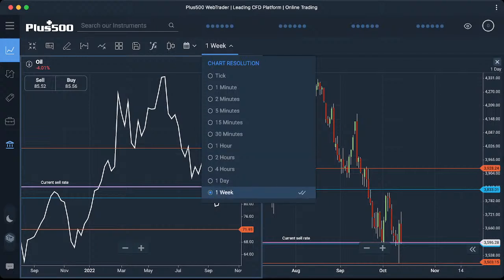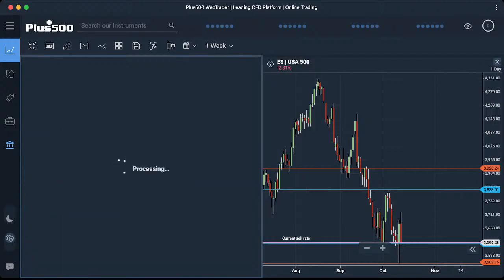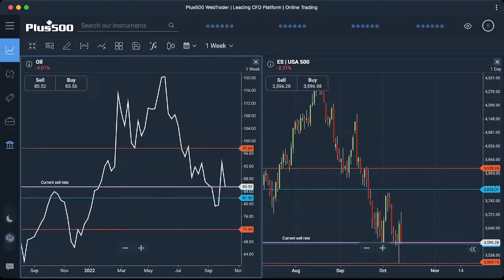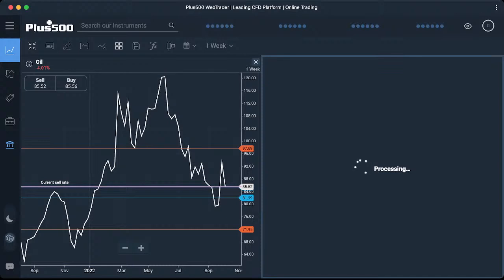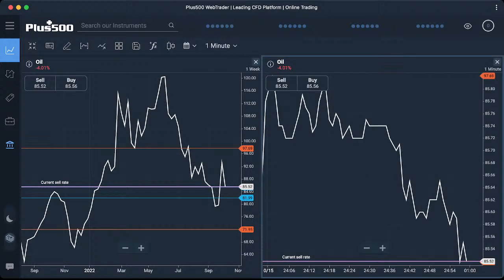So the weekly chart for crude oil on the left side, and I'm going to put the daily chart for crude oil on the right side. Please wait while I arrange the charts for you.